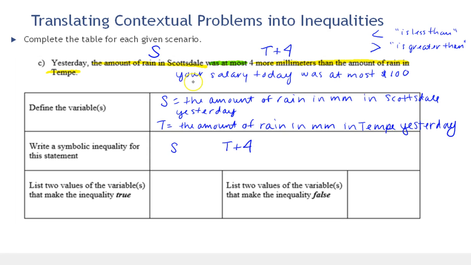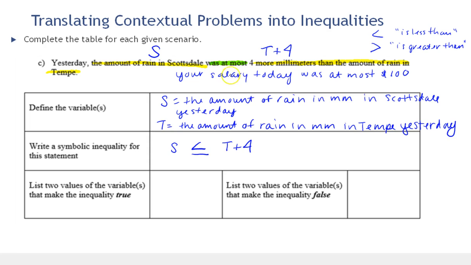Okay, so if your salary today was at most $100, that means you made any value up to and including $100. So was at most actually means is less than, and since you can make the maximum of $100, it could be equal to. Okay? So S is less than or equal to T plus 4.